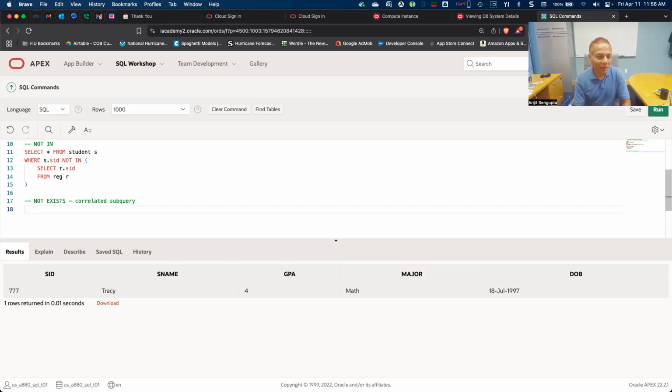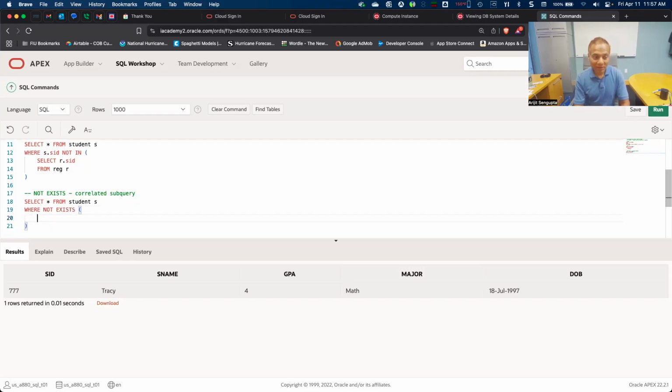So what we're looking for is, and sometimes when I think about not exists, I actually like to say it out in English. Find the students such that there doesn't exist any registration for them, right? So select star from student S where not exists, okay?